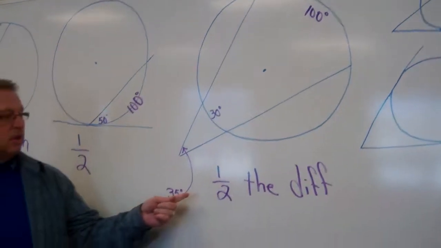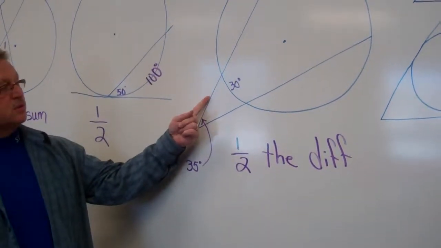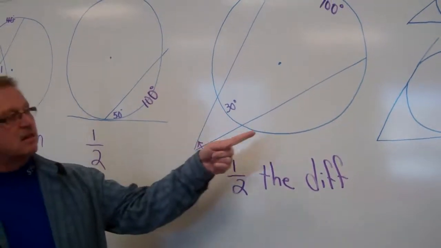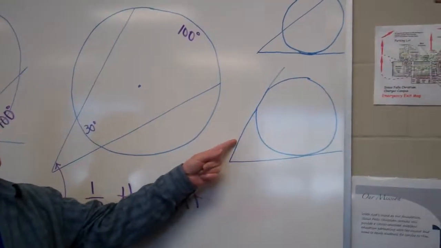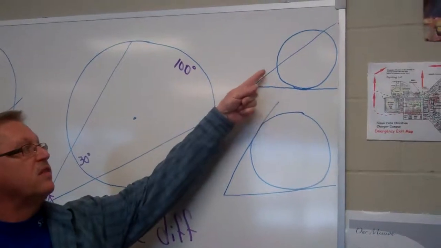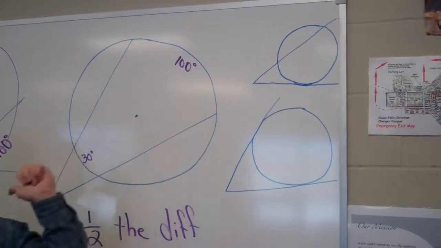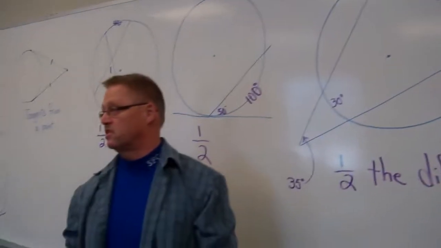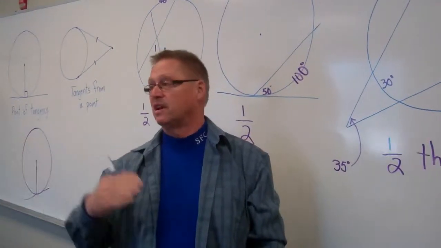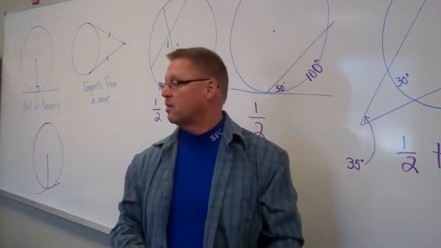That same rule applies whether they're two secants, two tangents, or one of each. It's the same rule. If the vertex is outside, it's half the difference between the far one and the near one.